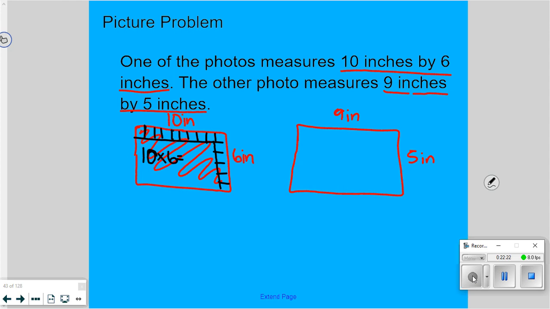60. 60 what? Mackenzie. What is my unit? No. The unit is the thing I'm counting or the thing I'm measuring with. No. What is the thing I'm measuring by? Ariana?